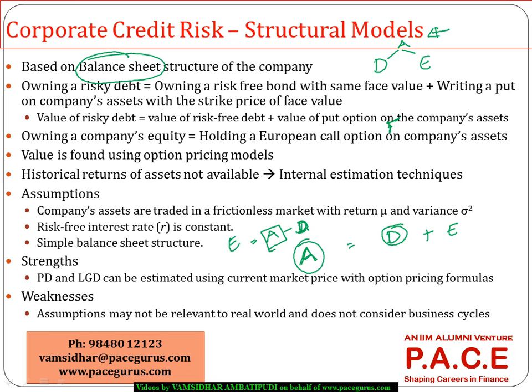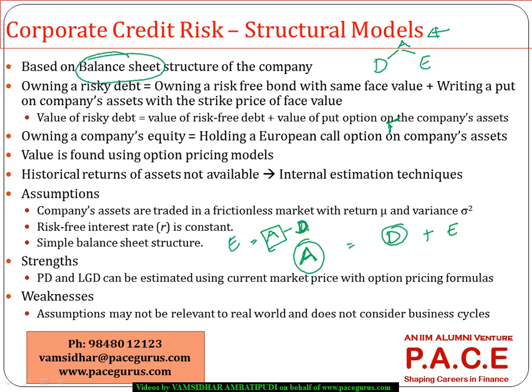Now, in case the value of the assets is lesser than the value of the debt, because the equity investors have the residual and final claim on the assets of the company, the assets are much lesser than the debt that needs to be paid off. So it might so happen that the equity investor ends up receiving nothing.